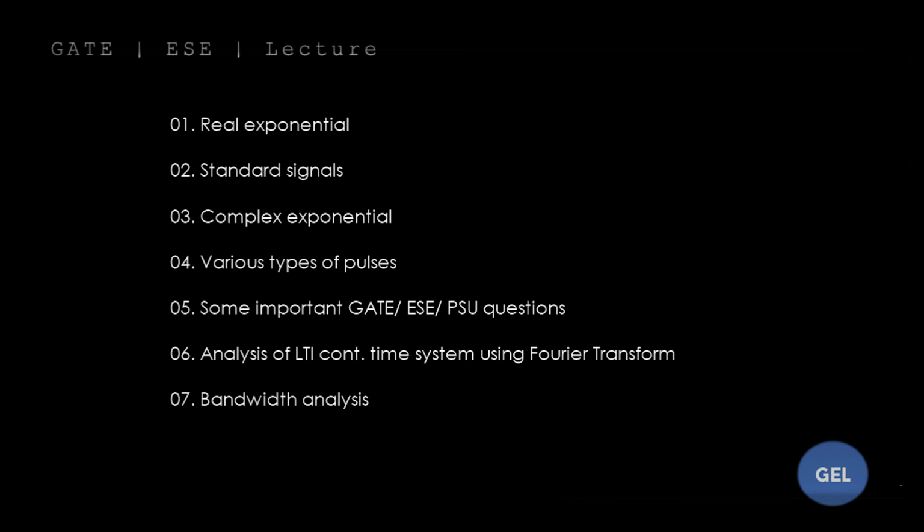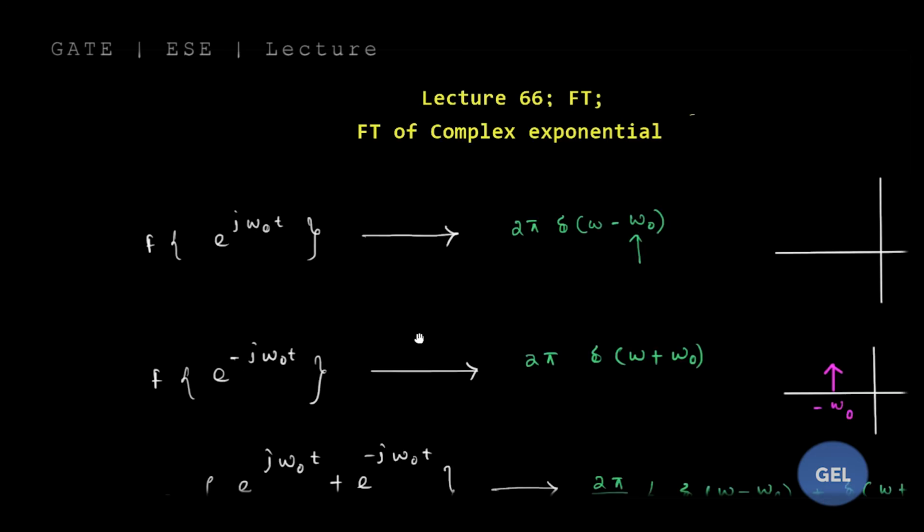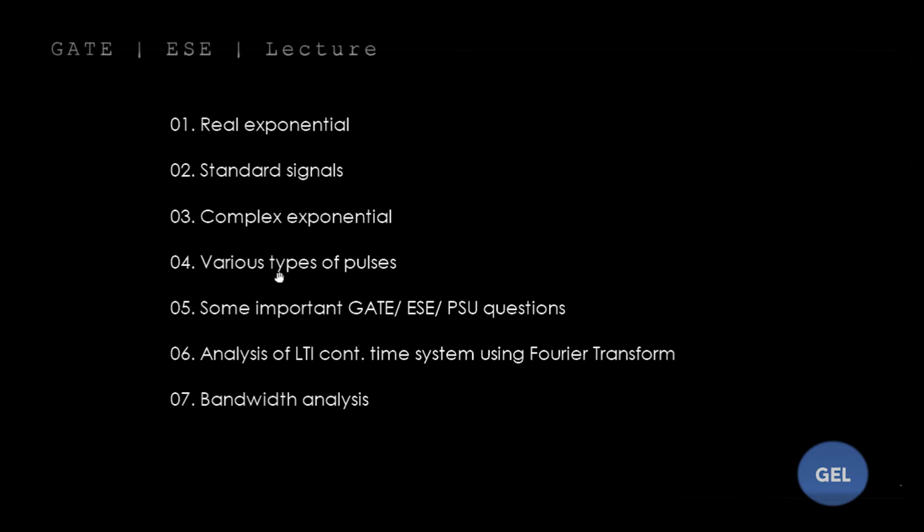After finishing this lecture video, you're not going to have any doubt on the complex exponential. After this, we'll get into the video lecture of Fourier transform of various pulses. Those video lectures are also going to be very important. This is extremely important, my dear friends, so be careful with this because a lot of people get confused with this concept. Okay, let's start with this lecture video.